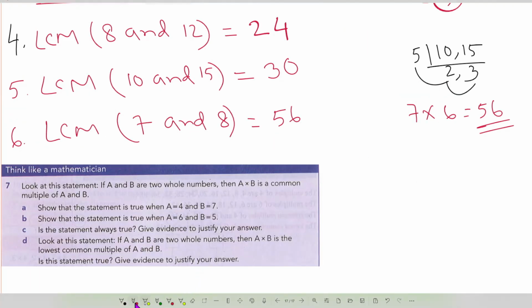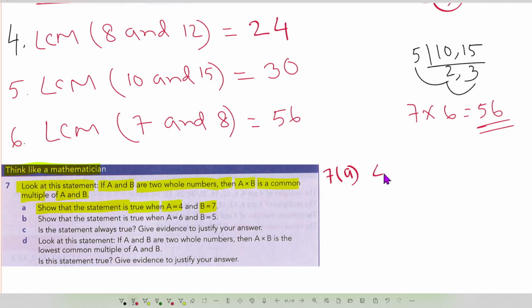Number 7. Think like a mathematician. Look at the statement: if A and B are two whole numbers, then A times B is a common multiple of A and B. Number A. Show that the statement is true when A equals 4 and B equals 7. Yes, it's true. Look, 7A. Here A equals 4 and B equals 7.